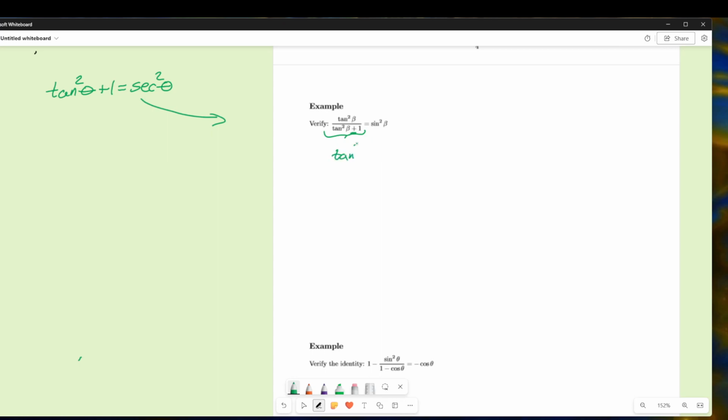So that's going to be tangent squared beta over secant squared beta. So that's nice. We could have turned this tangent into sine over cosine, this one into sine over cosine if we'd wanted to. But again, I wanted to take advantage of that Pythagorean identity. But since we're looking for something that's purely sine in the end, it probably would be okay for us to look at this as sine squared beta over cosine squared beta, all over secant, which is 1 over cosine squared beta.